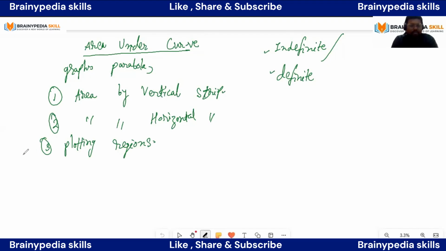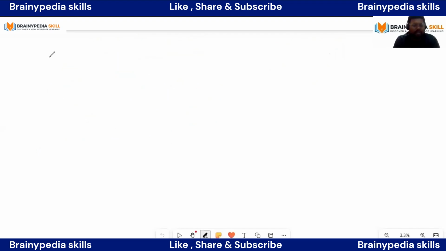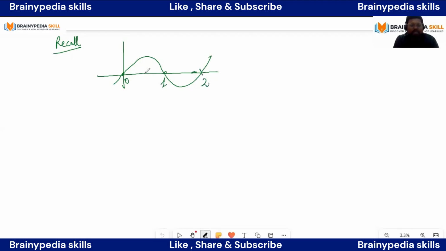For area under curve, just recall your definite integration. Suppose I have taken one graph and the graph starts in this way. Let this one be 0, this one be 1, this one be 2.